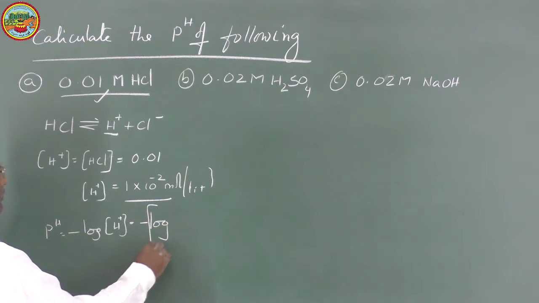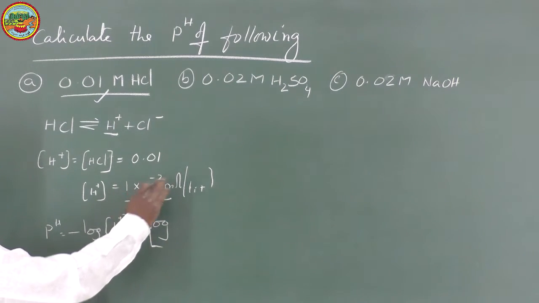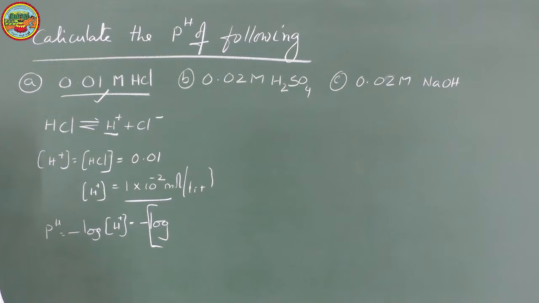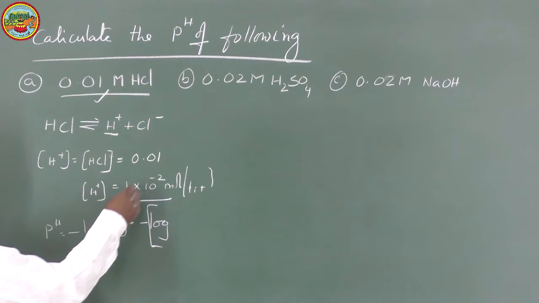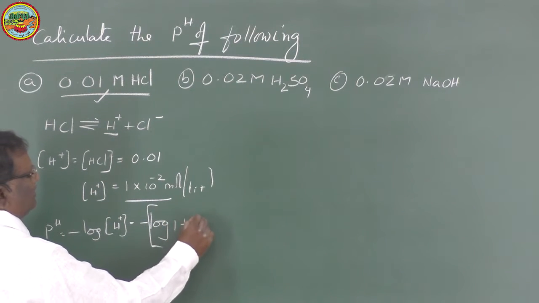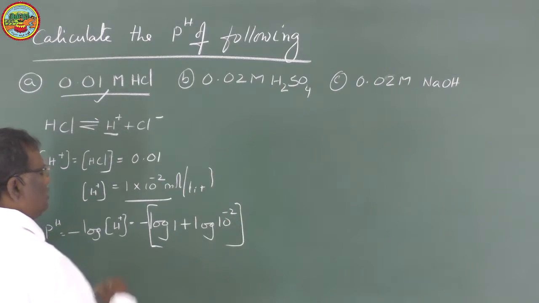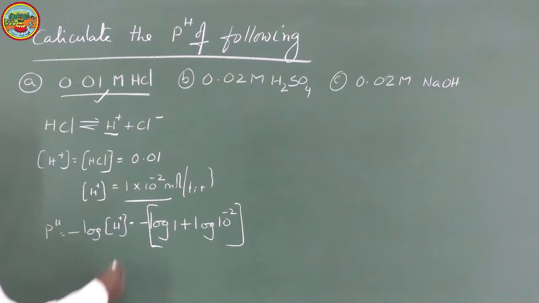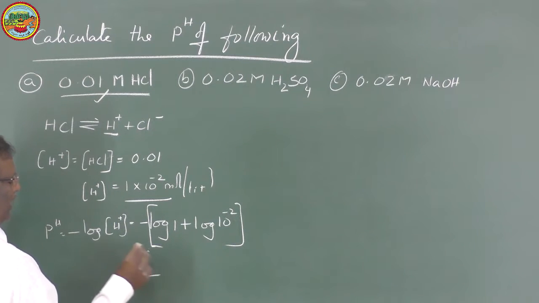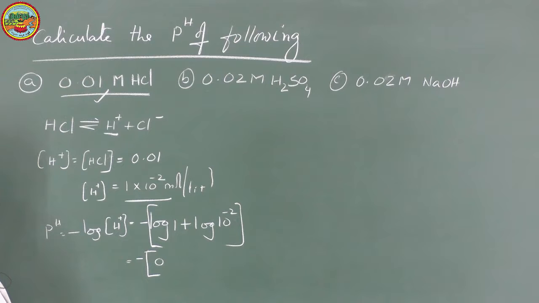minus of log 1 into 10 to the power minus 2. In logarithmic form, the multiplication becomes plus. So we can write it as log 1 plus log 10 to the power minus 2. The minus sign is outside the bracket, so let it be written like that only. Minus of log 1 is equal to 0, since log 1 is equal to 0.